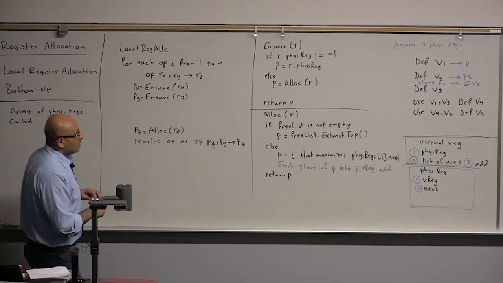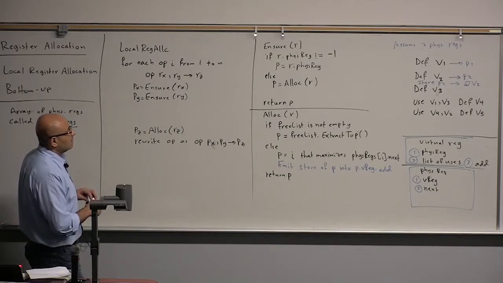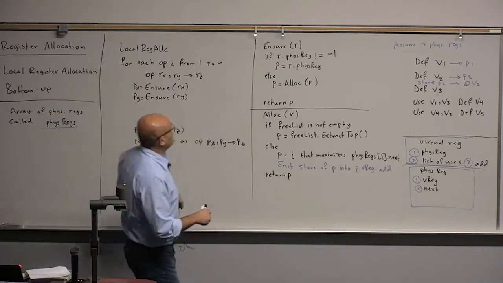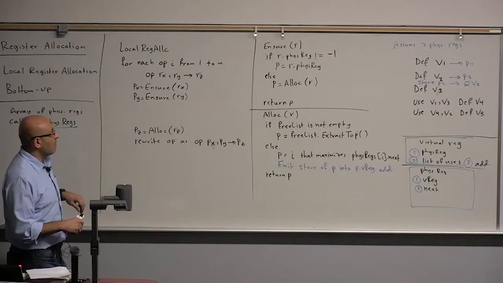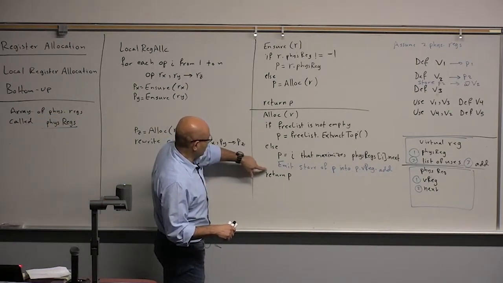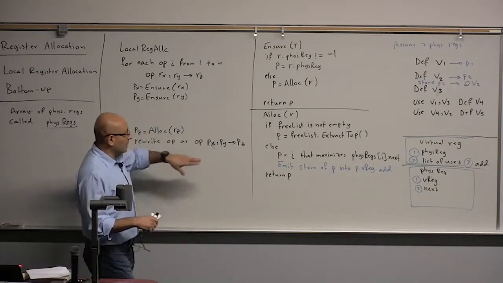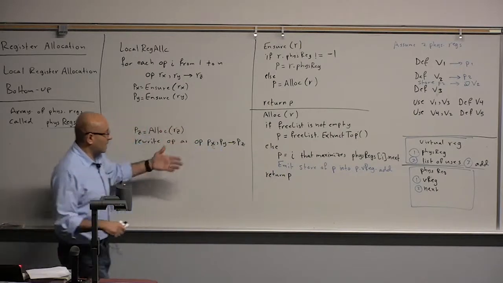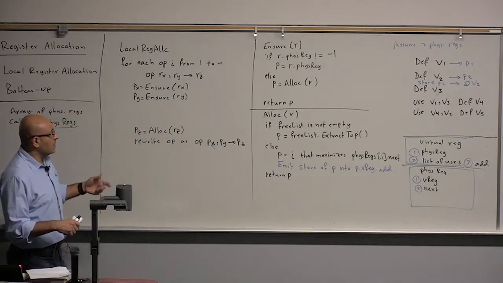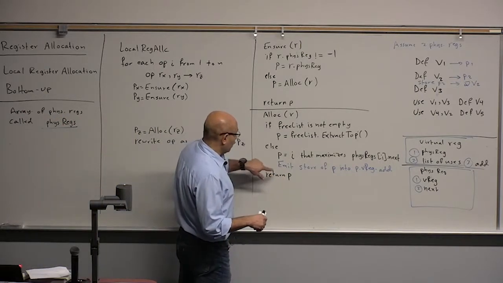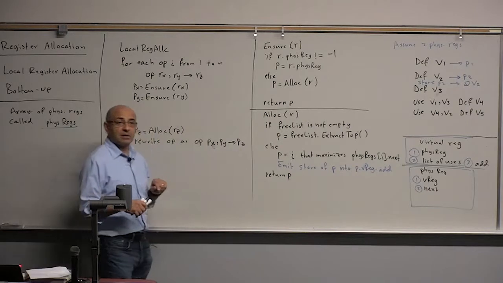Okay. Now P becomes the register for this R. So what do we need to set? Whether we allocate or we ensure, well, here in the allocation, whether we get it from the free list or we reuse, we need to set the P, right? We are giving this P to this R, right?